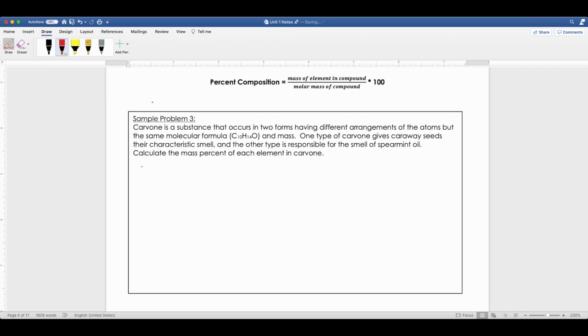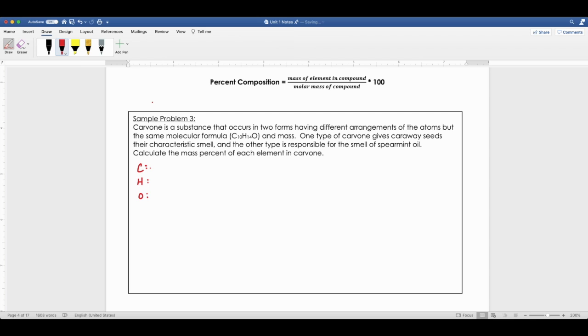So what I like to do first, and I break this down quite a lot, but I think that it actually makes it easier in the end. So I'm going to just find the molar mass for this compound first, that very long drawn out way. So if you remember from Chem 1, I usually like to set up my list of elements here, and then I go from there.